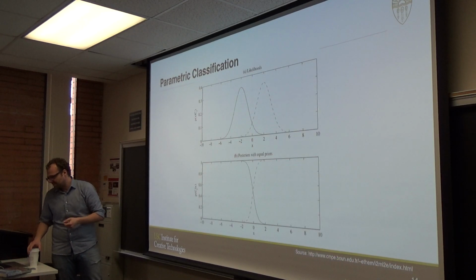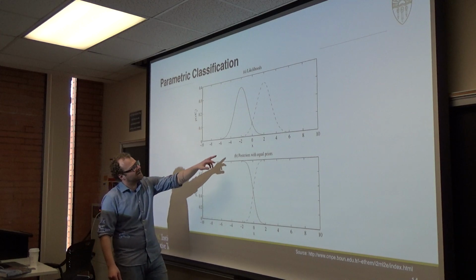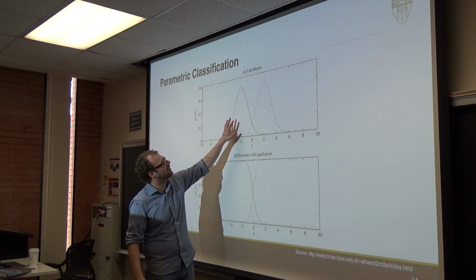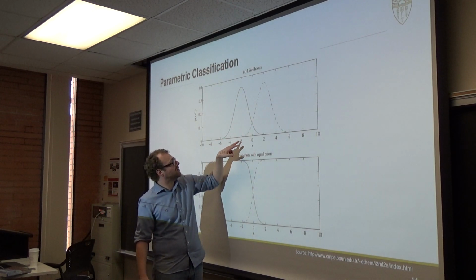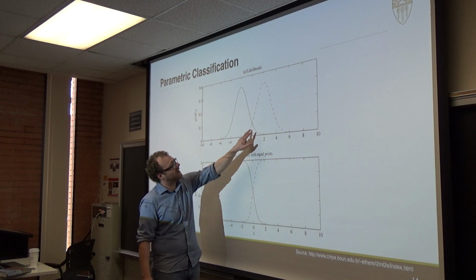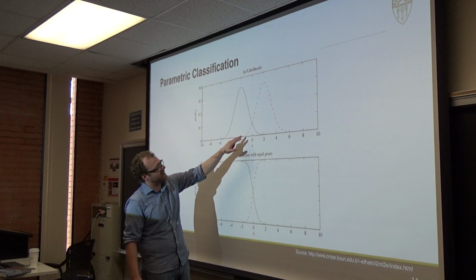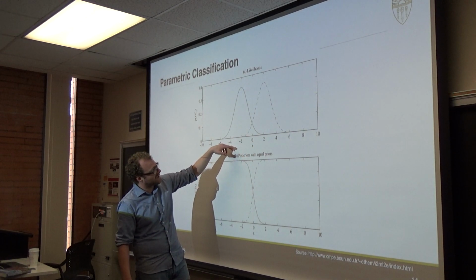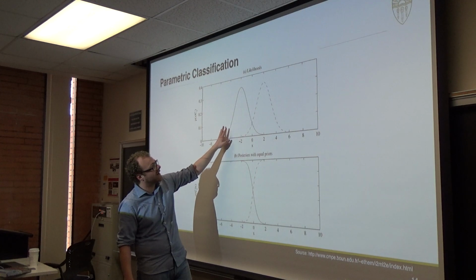And you can see this visualized here, where the only difference between those two classes, 1 and 2, is the following. The mean value is either -2 or +2, but they have the same variance and the same prior as well.